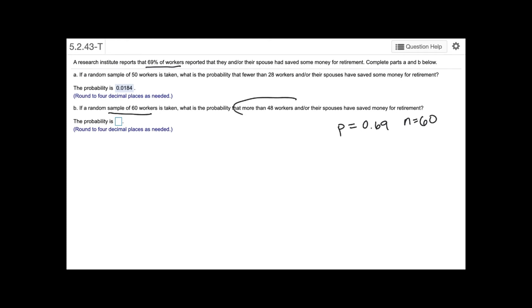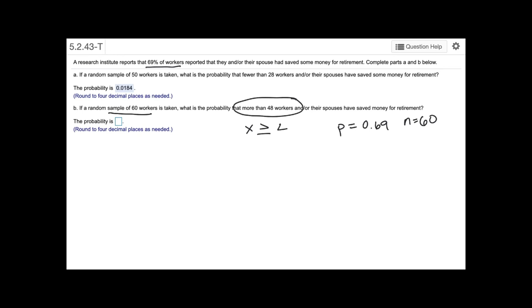And then we also need to look at the scenario and interpret what it's asking for. Here we're looking for more than 48 workers. So it's helpful to rewrite this as a math statement. More than 48, right? So we'll do x is greater than or equal to. We always have to have that equal to in there to really understand what it's asking for. More than 48 workers means I'm not including the 48th worker. I am actually counting starting at 49 and up.